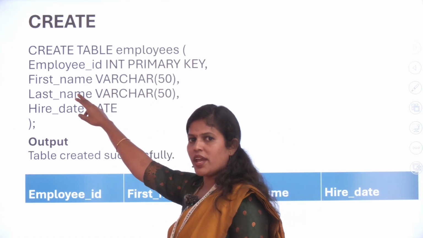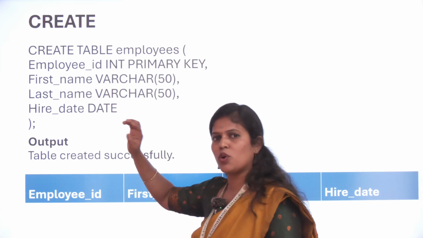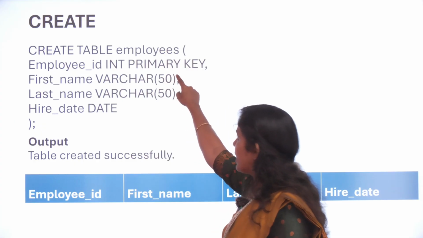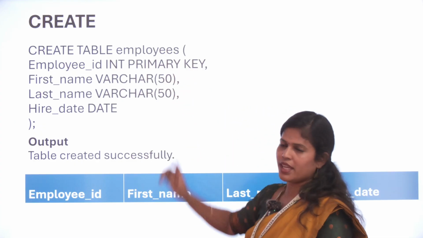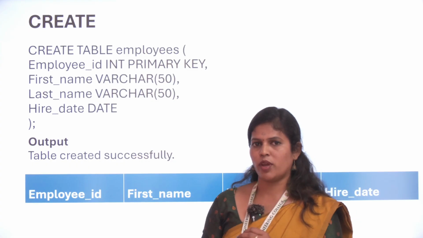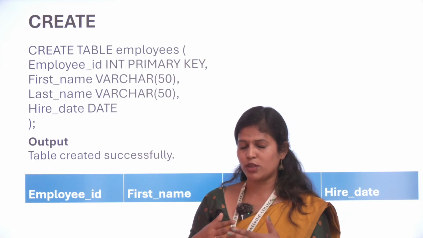Here your employee ID should be stored in integer format, and we have set a primary key which helps you store your data in a unique way, so your values won't be repeated.